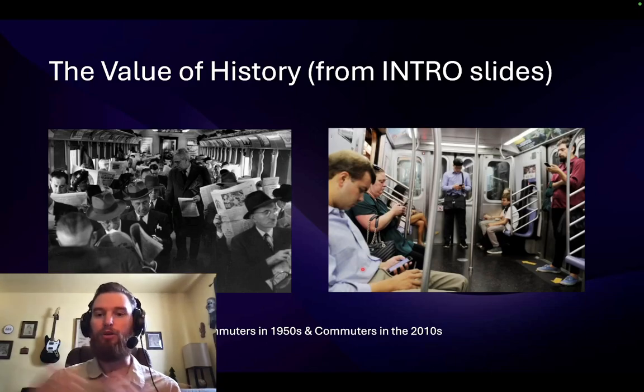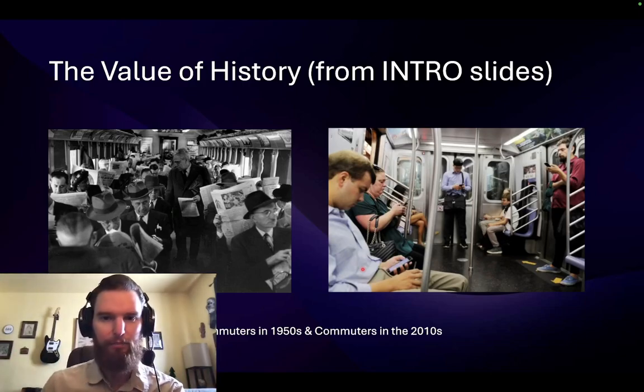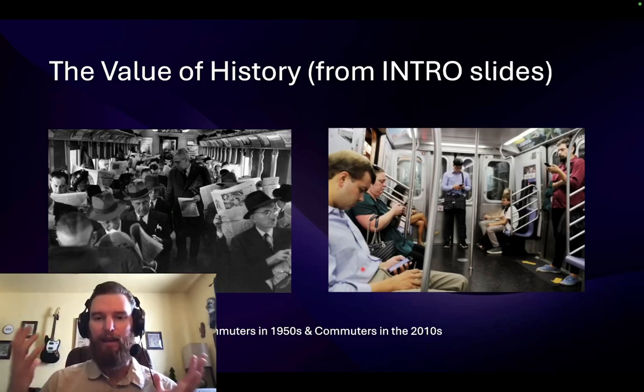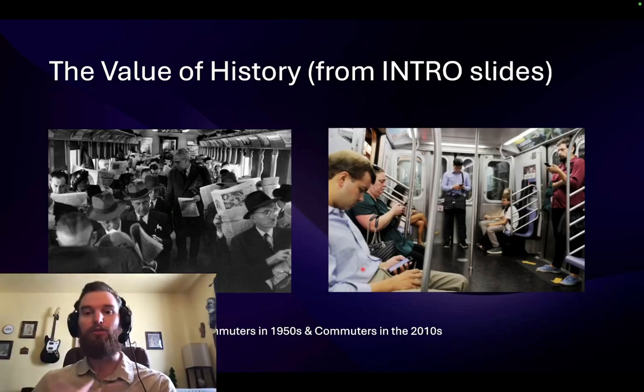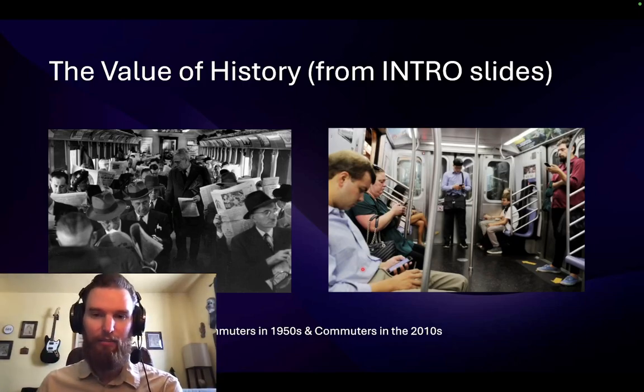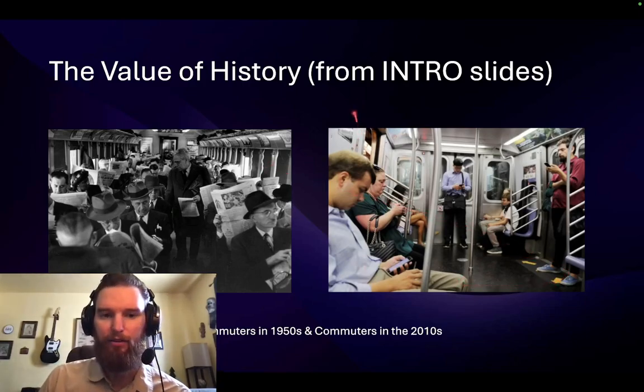Even the idea of having to commute somewhere to work rather than it just being living off of your farm or wherever it is that you are, you have your craft shop and you live right there, right? The idea of having to go somewhere, using technology to get there, then doing your thing and then going back, that again is a more modern way of living, obviously, but one that would have been happening during both of these times.